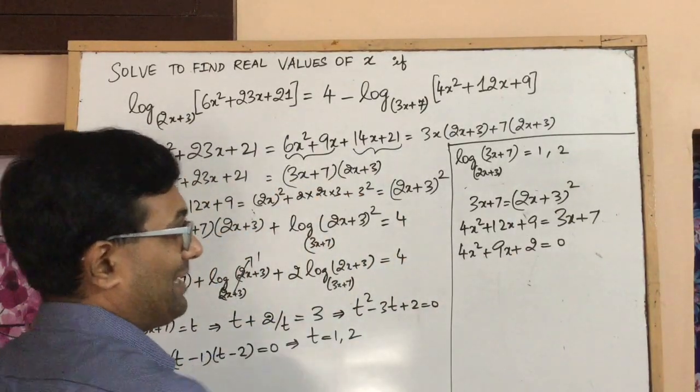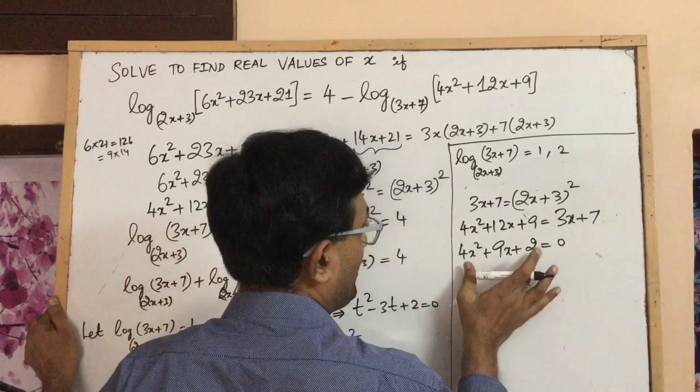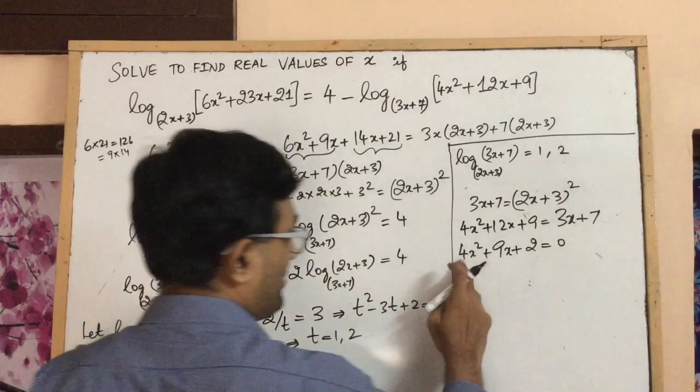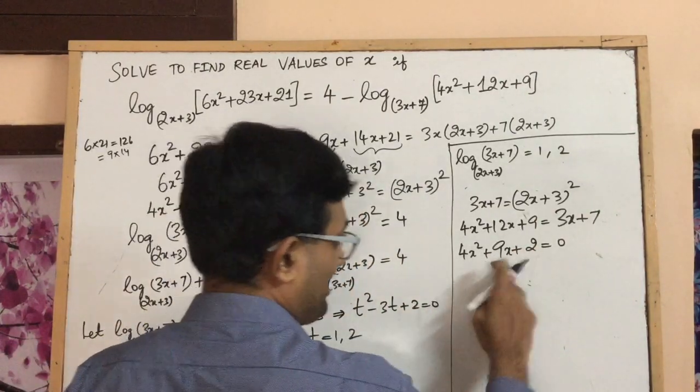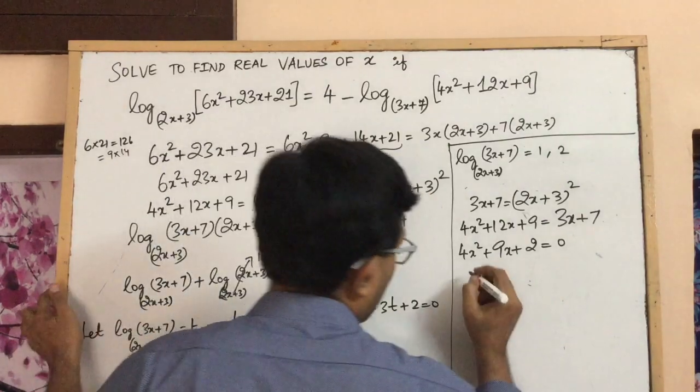So let's see if we can factorize this. We are looking for two numbers whose product is 4 times 2, which is 8, and whose sum is 9. The choices are obvious, 8 and 1.